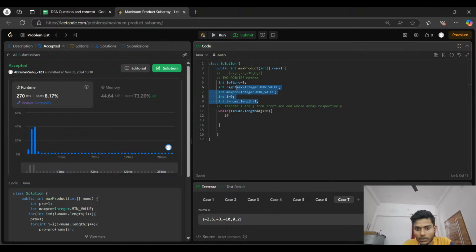I hope we need to consider the condition.